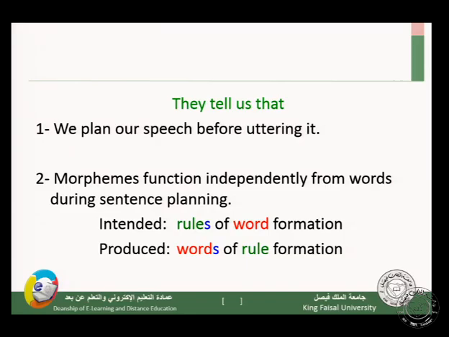For example, rule and s are recognized by your brain as different entities. While you speak, your brain brings things together and links the word rule to the plural s. I hope this is clear.